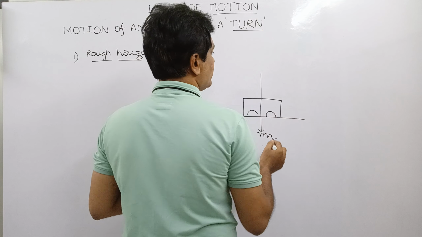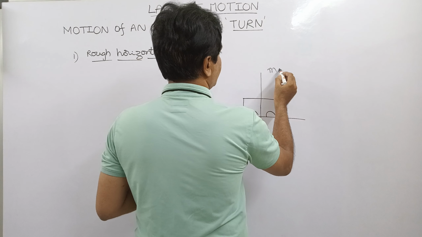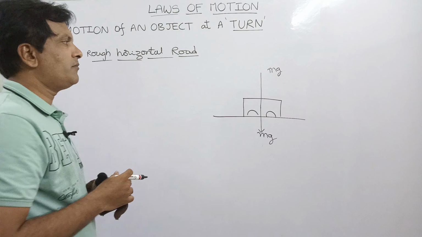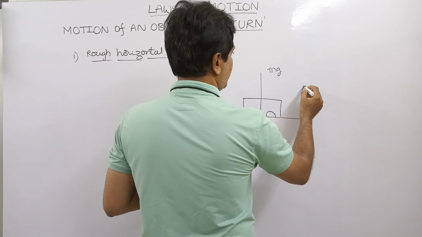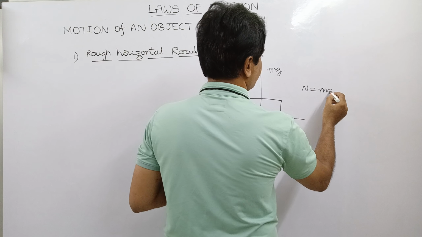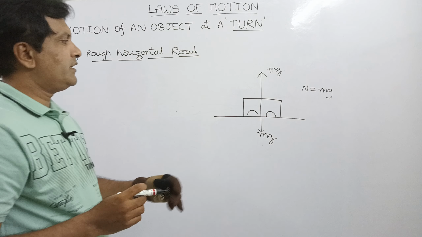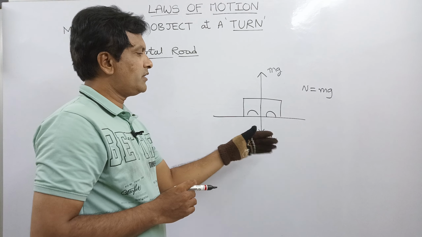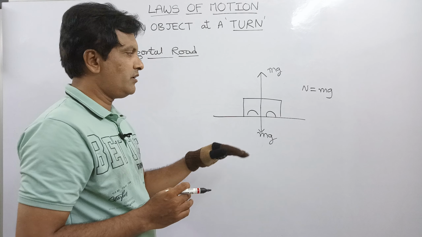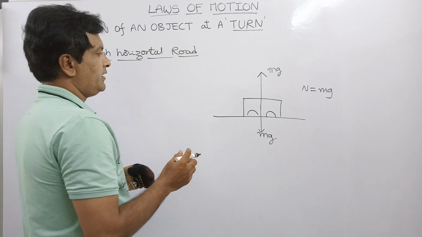That will be the same as mg, so the normal reaction N is equal to mg.